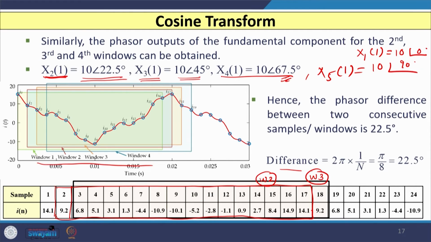This difference of 22.5 degree, if I wish to put it in equation terms, is 2 pi into 1 by n, so pi by 8 or 22.5 degree. This is the difference that is obtained as you move from one window to the other.